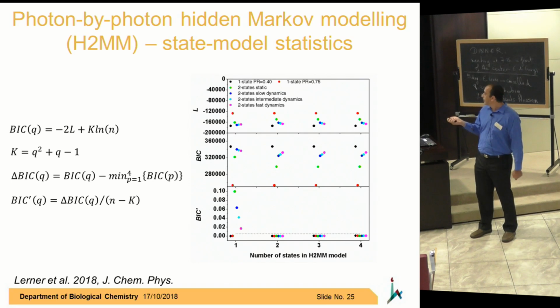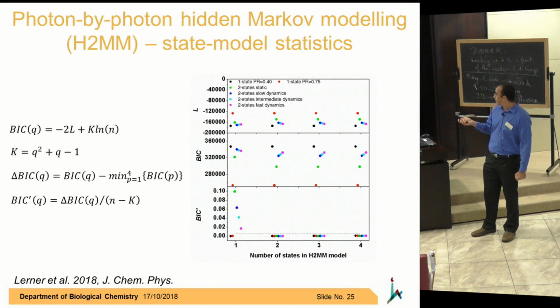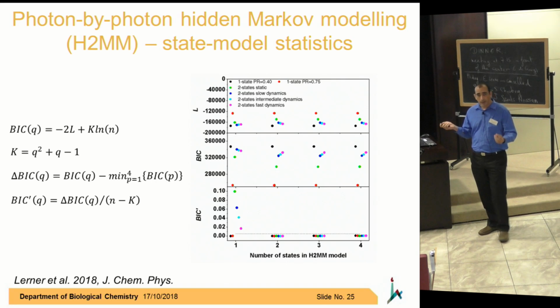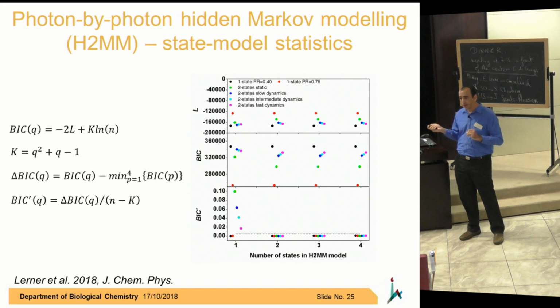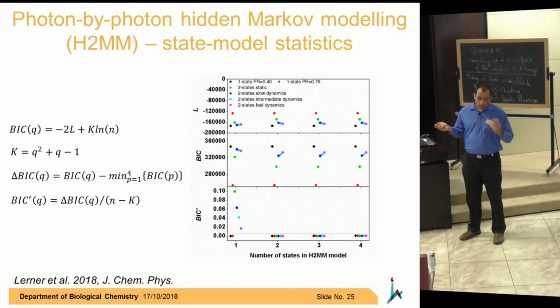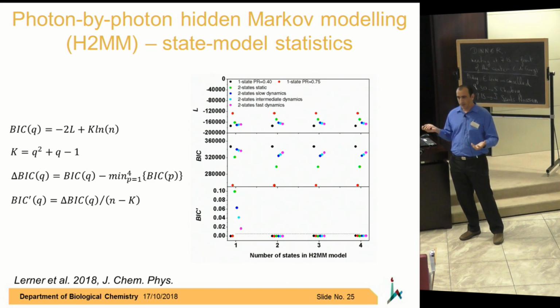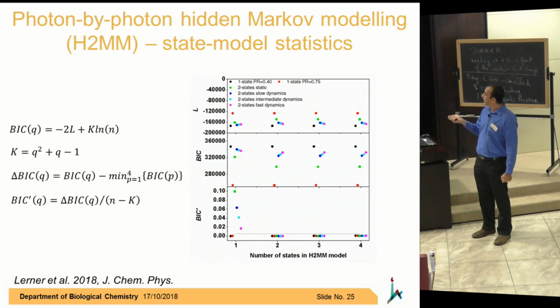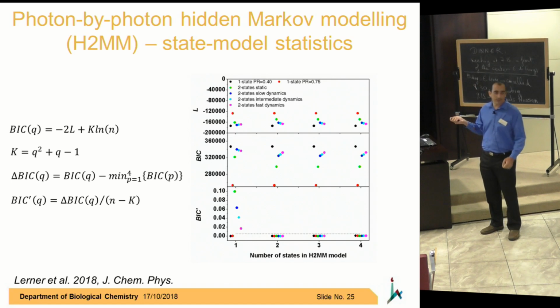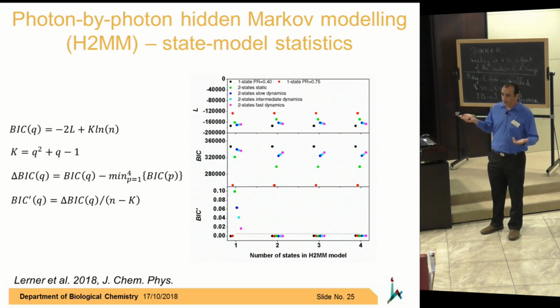But basically the problem is that when you compare between different measurements, you have a different number of photons. And if you want to compare between different measurements, that's a big problem, because then you will have a different minus log likelihood, different Bayes information criterion, different everything.